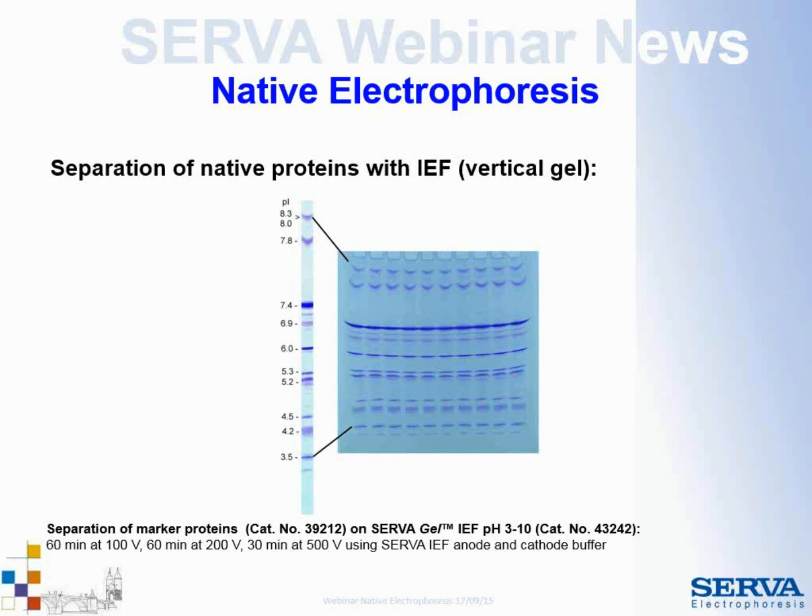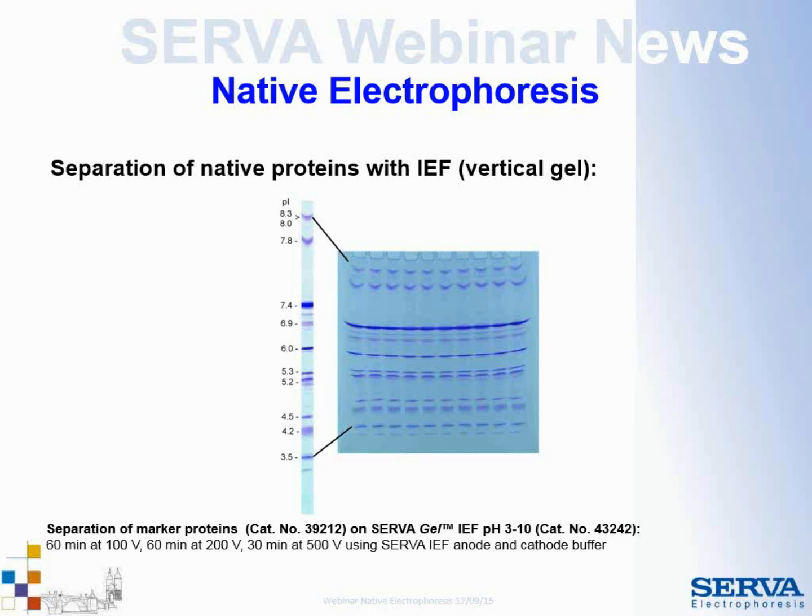So this is an example of a vertical IF gel. There are some marker proteins separated, and this is an IF gel with a gradient of 3 to 10.